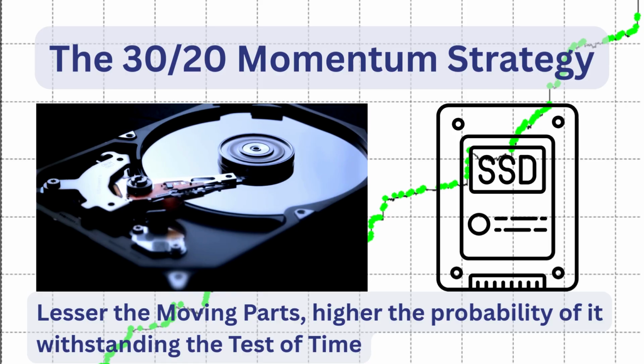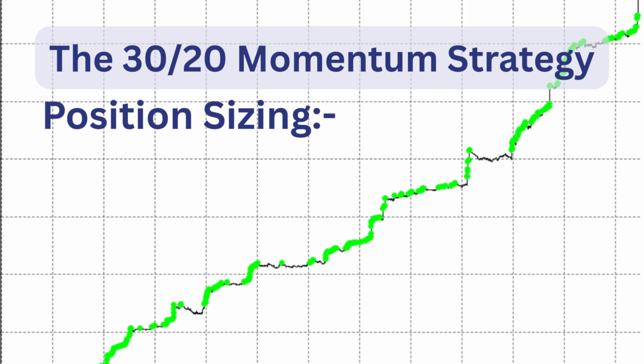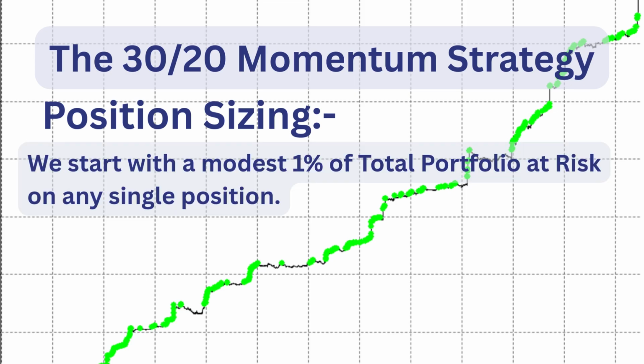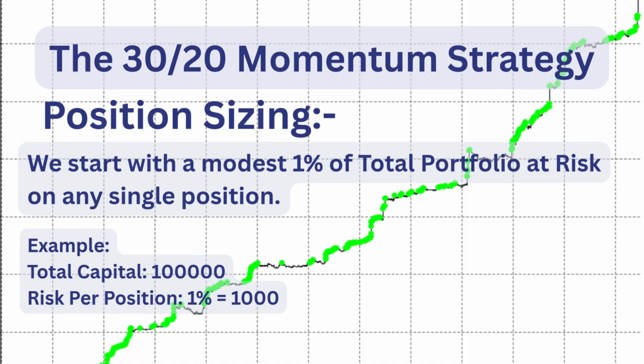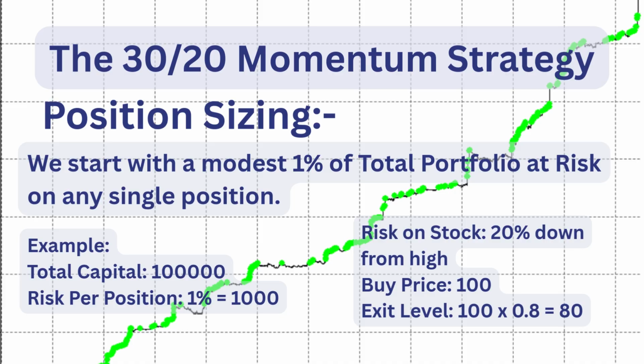Let's look at position sizing. We start with a modest 1% of total portfolio at risk on any single position. For example, total capital 100,000, risk per position 1% equals 1,000. Now remember, our risk on the stock is 20% down from the high.